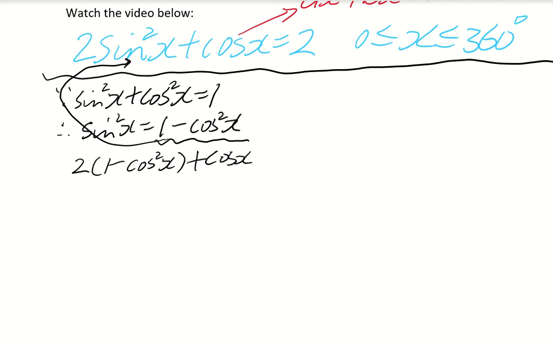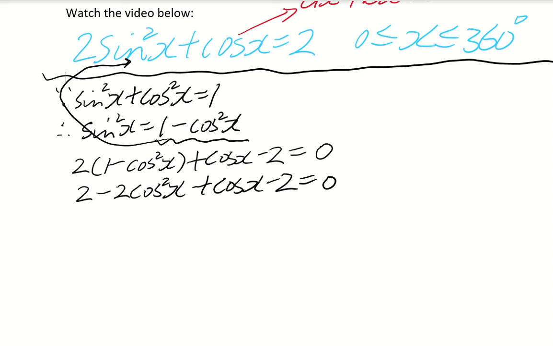Positive 2, I'm going to move to the left-hand side, becomes negative 2, equals 0. Then I'm going to expand the bracket. I get 2 take away 2 cos squared x plus cos x minus 2 equals 0. Then I get negative 2 cos squared x plus cos x equals 0, because the 2 and the minus 2 cancel.